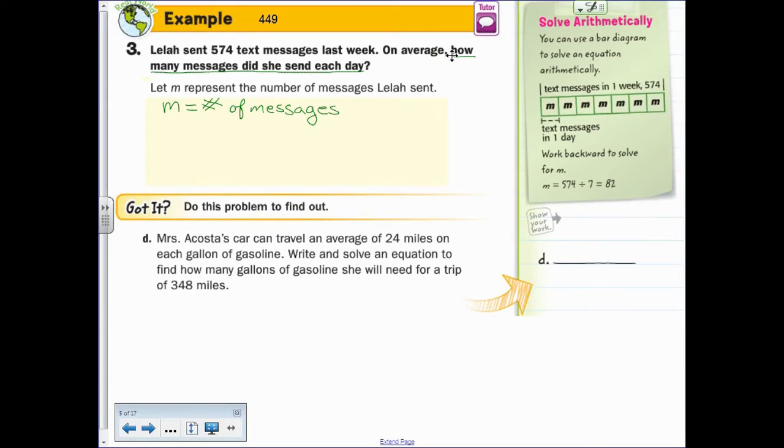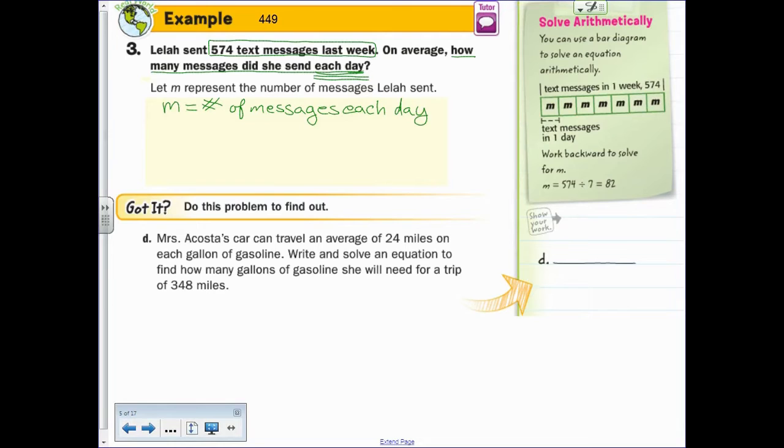Then we need to go back and look at what facts they have given us. Layla sent 574 text messages last week. Okay, I need to come back to my variable because this isn't specific enough. It says number of messages, and it's actually the number of messages each day. So we need to make sure that we are being specific enough.